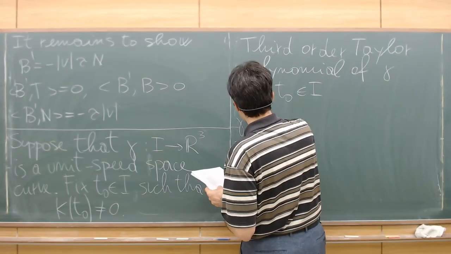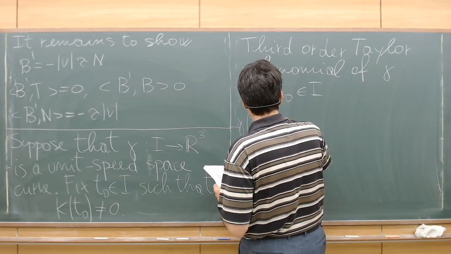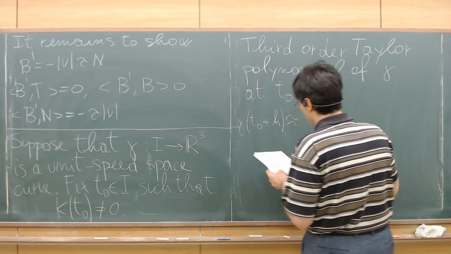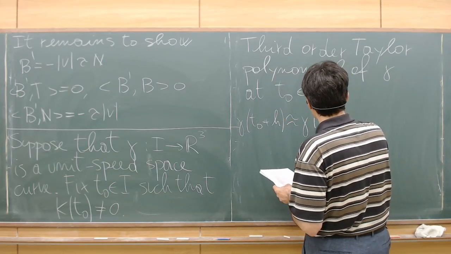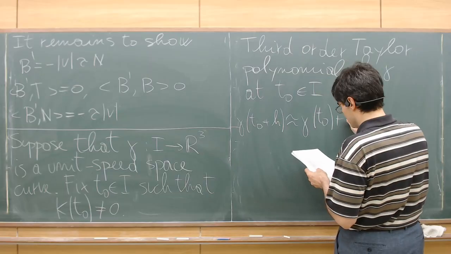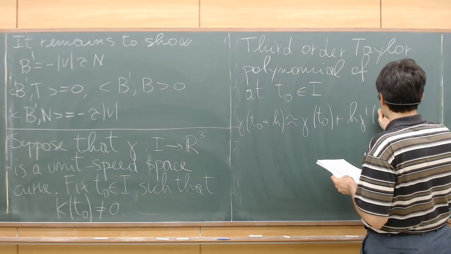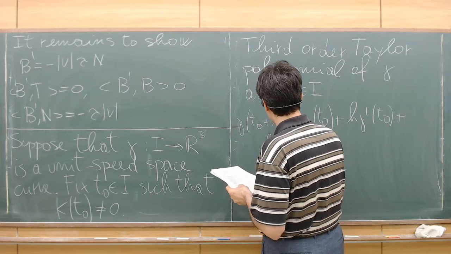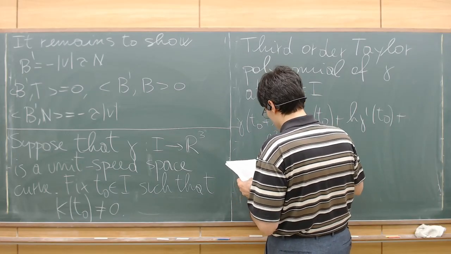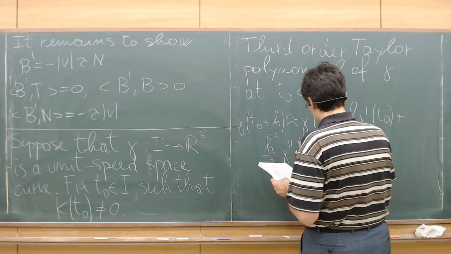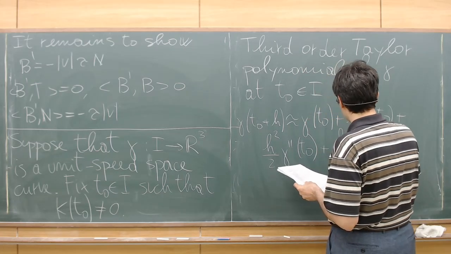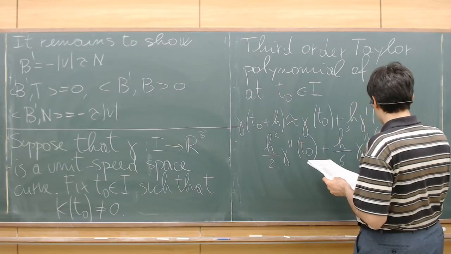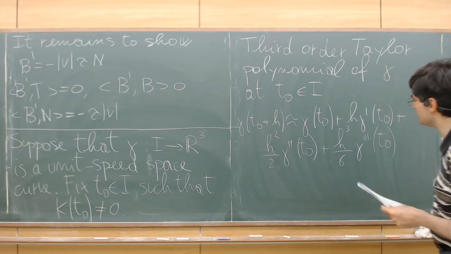We get gamma(t0 + h) approximately equal to gamma(t0) plus h gamma prime(t0) plus h squared over 2 gamma second(t0) plus h cubed over 6 gamma third(t0).